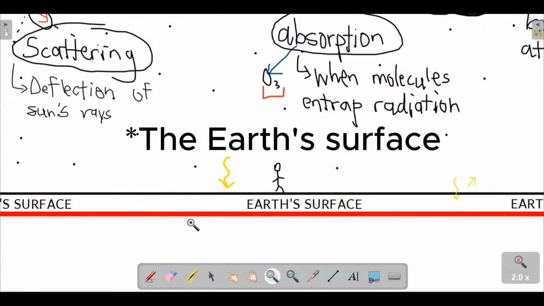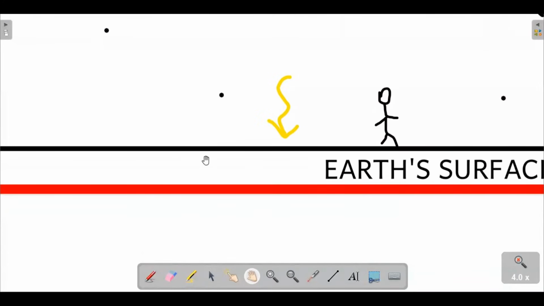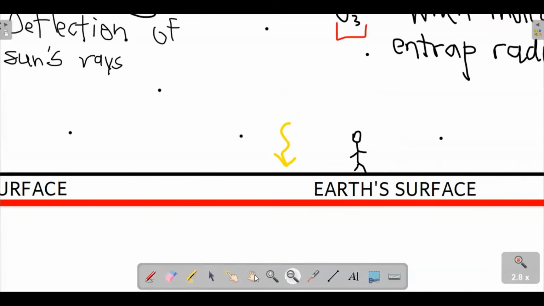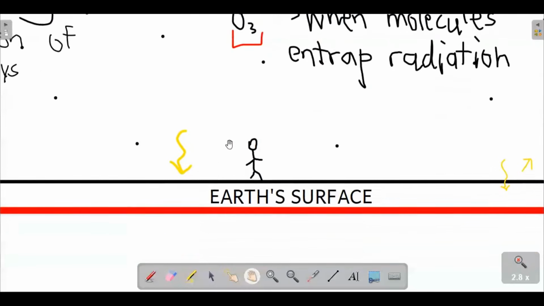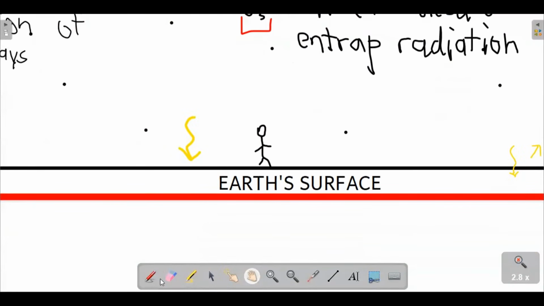So the Earth's atmosphere then receives this energy and converts it into heat energy. It absorbs it and converts it into heat energy, the same as when these molecules entrap or absorb radiation.